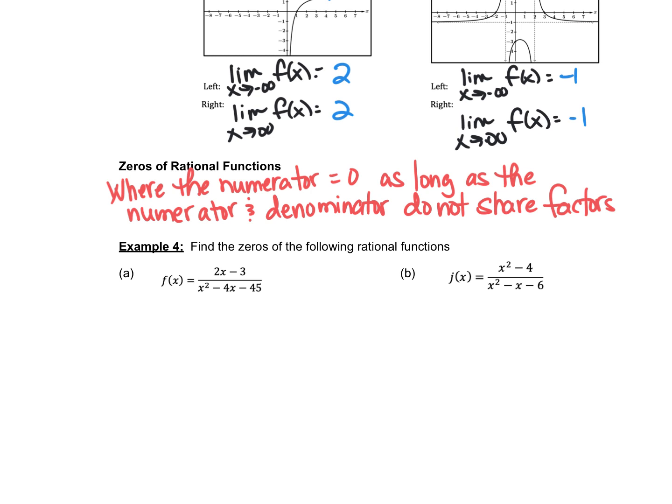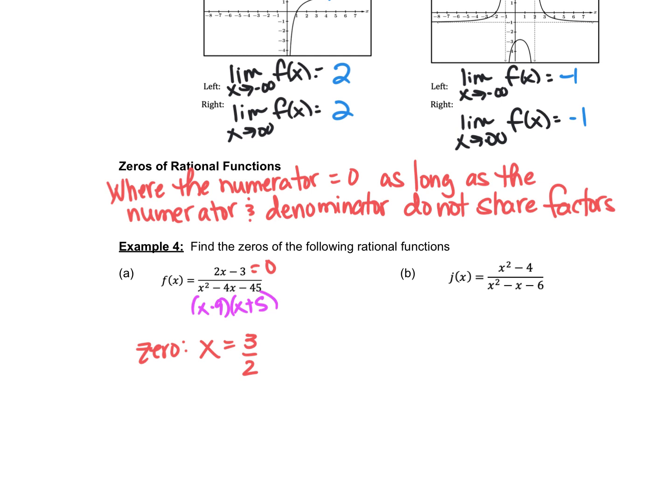Good news is on the bottom one here, the trinomial factors into x minus 9, x plus 5. Does it share anything with the numerator? No. So my zero is going to be where 2x minus 3 is equal to 0. Well, that would be at 3 over 2.